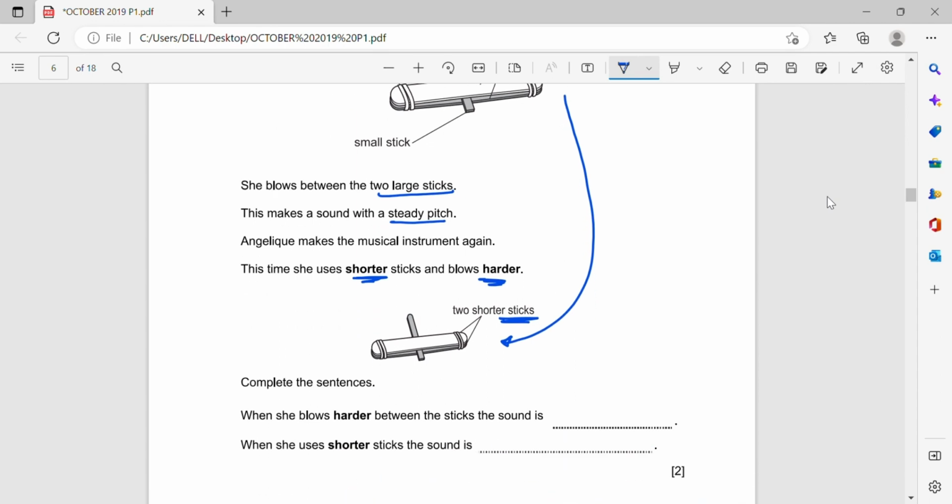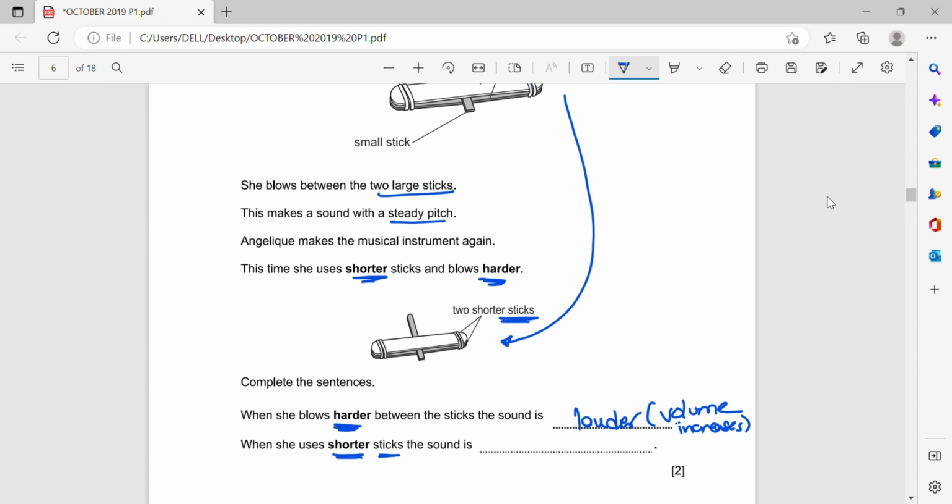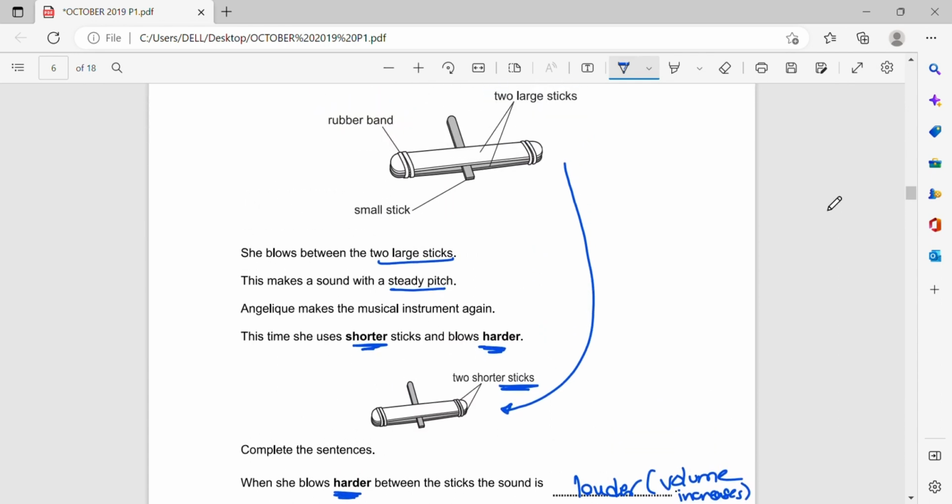Complete the sentences. When she blows harder between the sticks, what happens to the sound? The sound is, great, louder. Louder means the volume increases. When she uses shorter sticks, what happens to the sound? Shorter sticks actually means I have more waves per unit time, so the frequency increases.